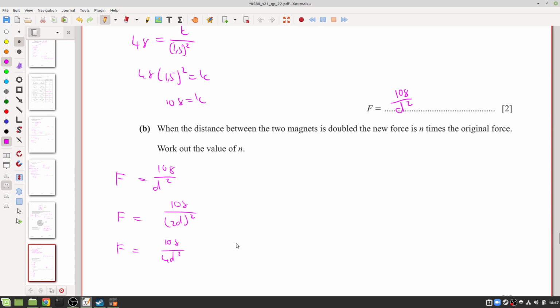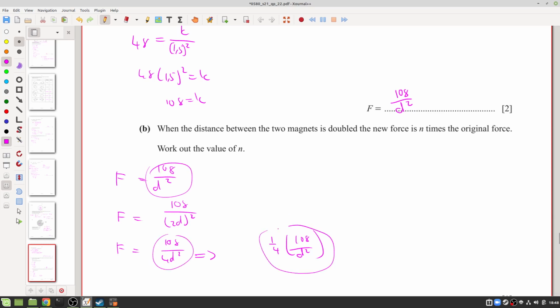So how do we compare these two forces now? We can say this one is equal to a quarter times the original one, right? So if that was the force, this is the new force.